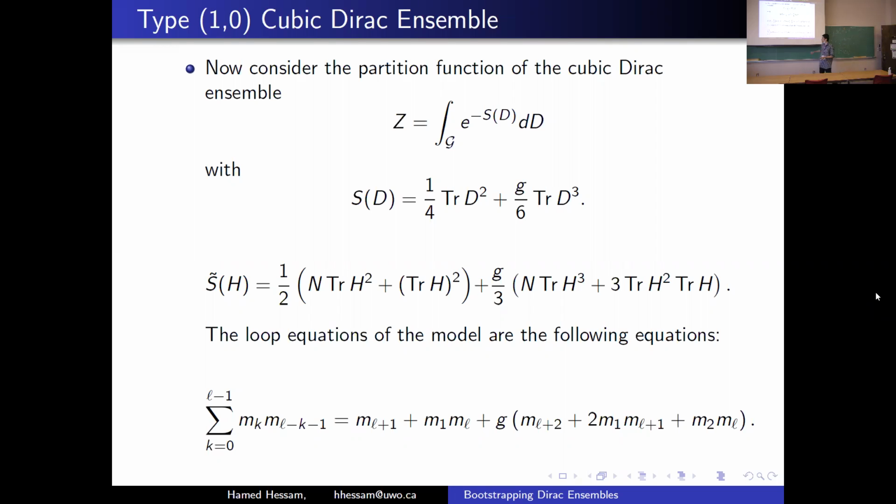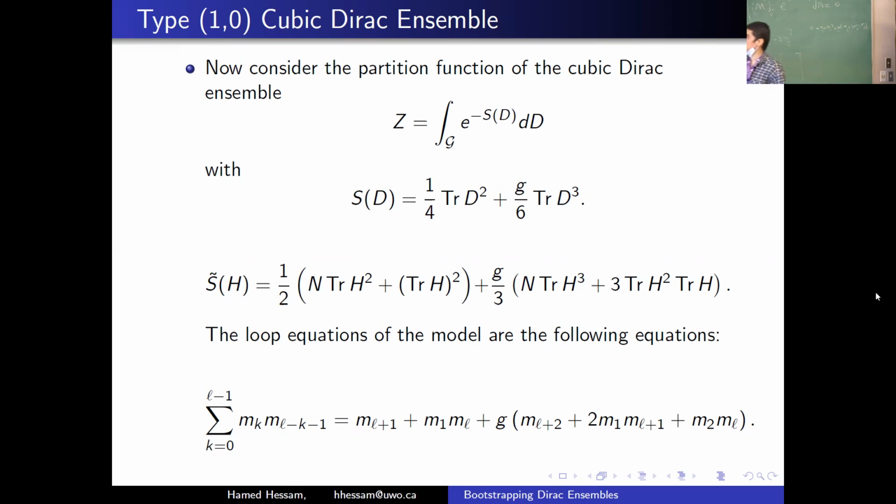In that case, the left-hand side becomes 0 because the partial derivative of the identity matrix is 0. The right-hand side becomes m1 plus m1 squared plus g times m2 plus 2m1, plus m2.